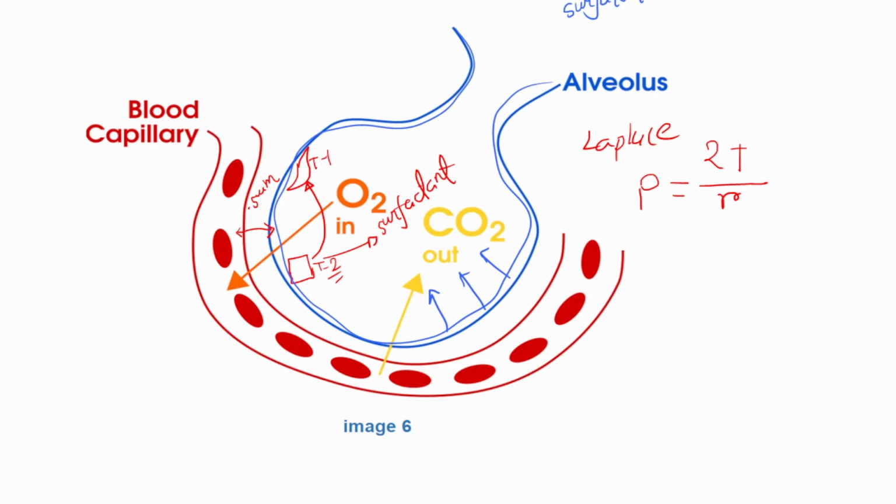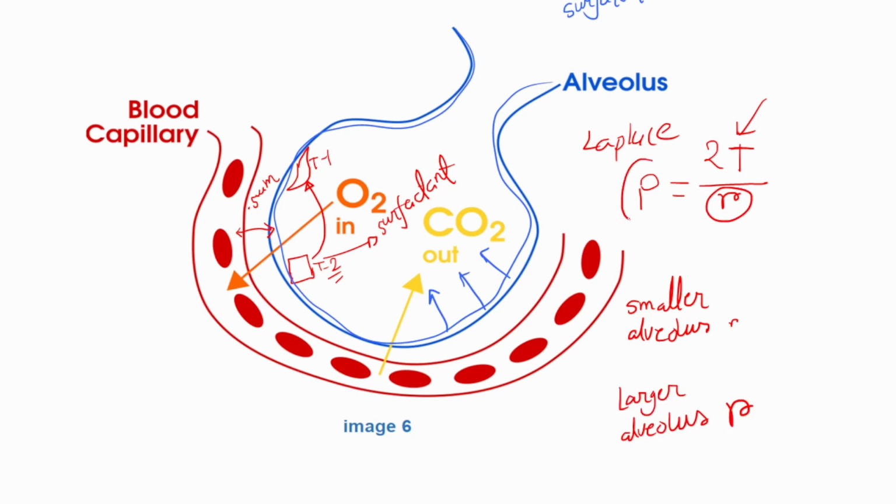There can be larger ones, there can be smaller alveoli as well. So now if the surface tension were constant everywhere, a smaller alveolus with a tiny radius r would develop a massively high internal pressure compared to a larger alveolus, because r is inversely proportional to the pressure. The less the radius, the more the pressure.